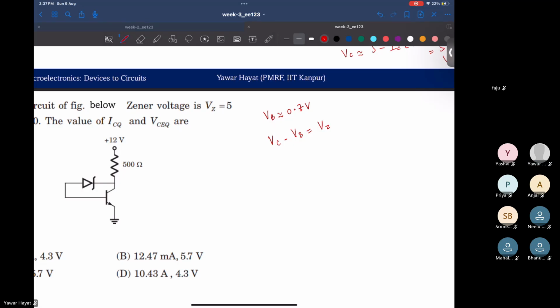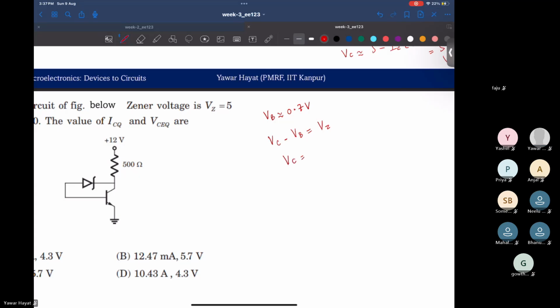Now, what would VC be equal to then? VZ plus VB, right? So your VC would be 5.7 volt, right? VB we did.